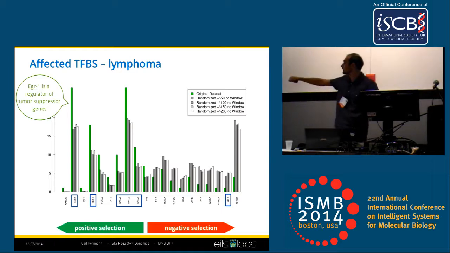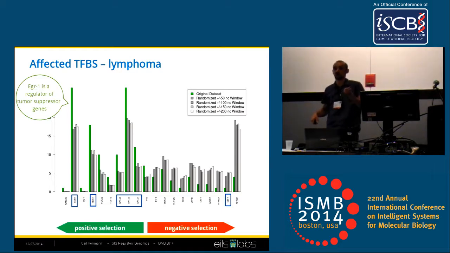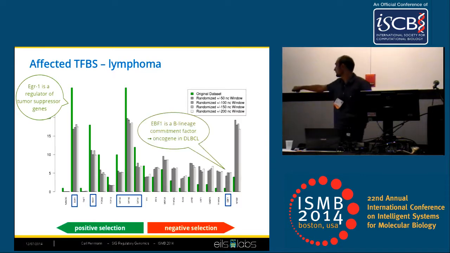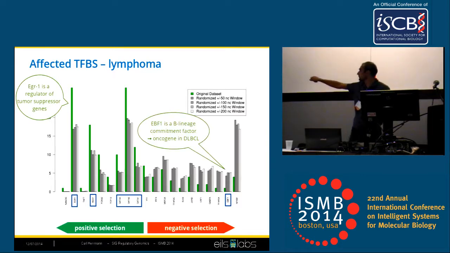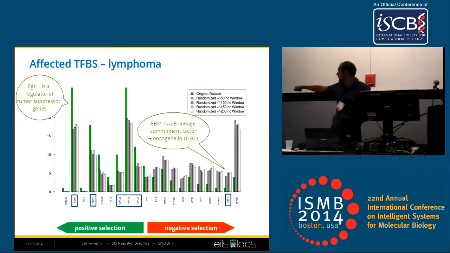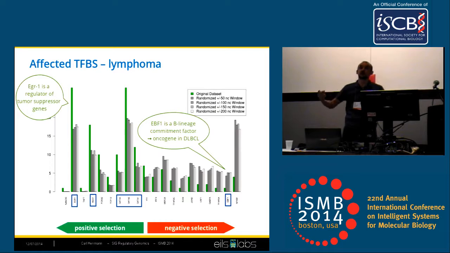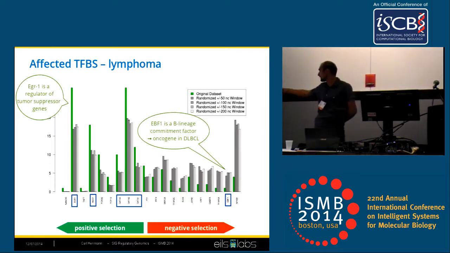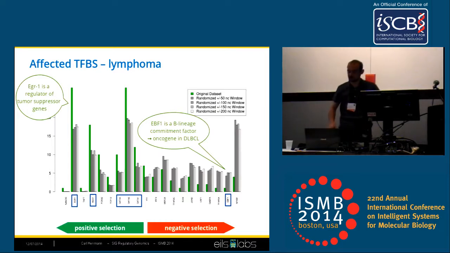And so it makes sense that this would be disrupted by the cancer cells, so as to shut down these tumor suppressor genes. And here we have, for example, EBF1, which is a B lineage commitment factor, a known oncogene in a subtype of lymphoma. And so it makes sense that this one is rarely affected by these mutations. And this is a sign of more negative selection.